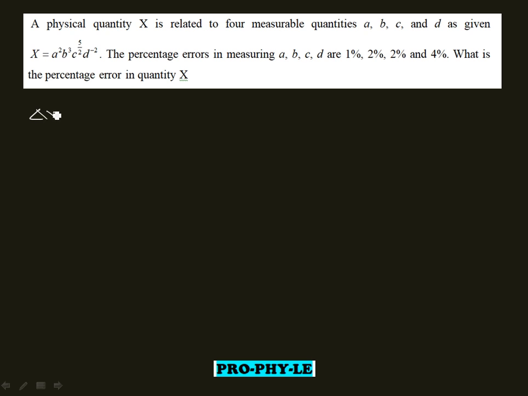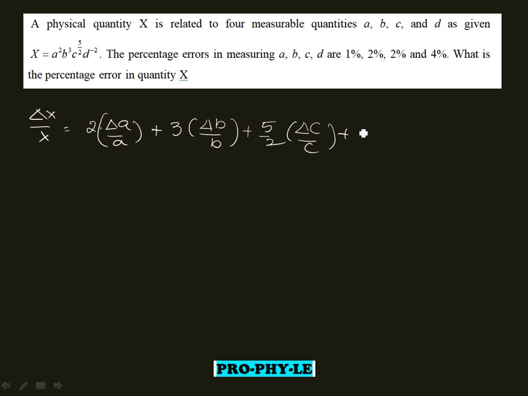So delta x by x is equal to 2 times delta a by a plus 3 times delta b by b plus 5 by 2 times delta c by c plus 2 times delta d by d.